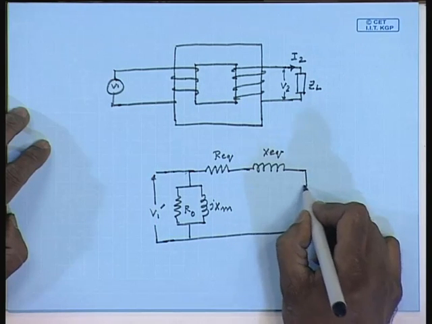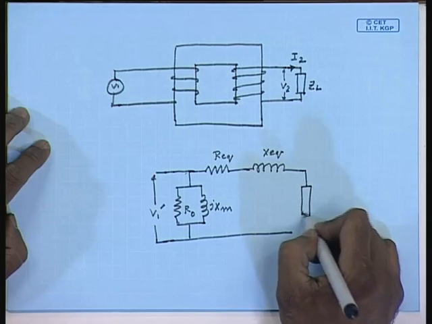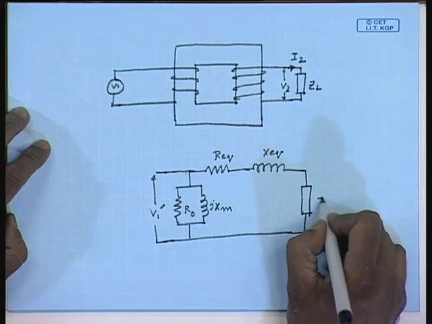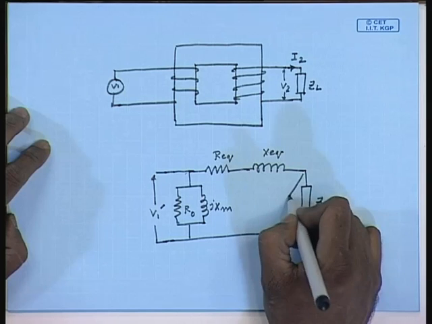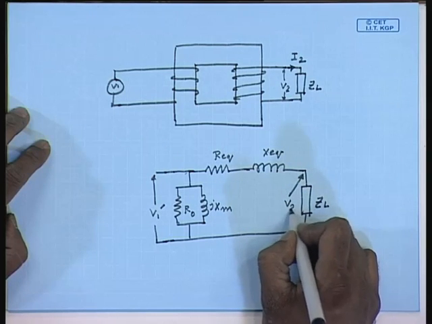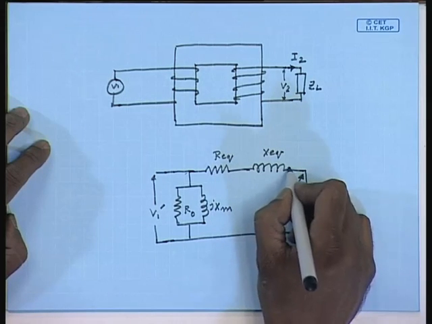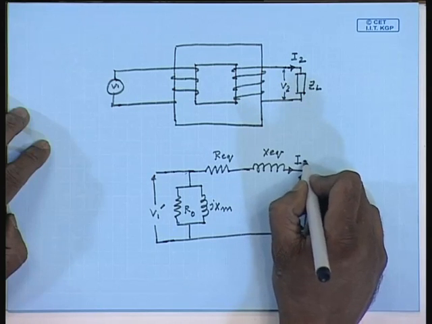This is the load impedance ZL, the load voltage V2, this is the load current I2.